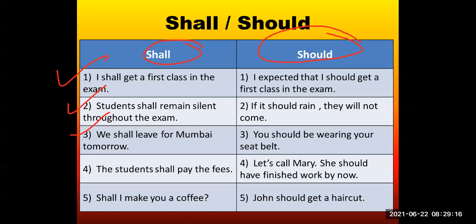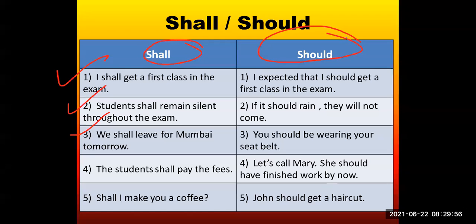I believe in myself, that I expected that I should get a first class in the exam. So when you are believing something about yourself, use the modal auxiliary should. This first example is a sentence in the past form, and here should is used in the past form.